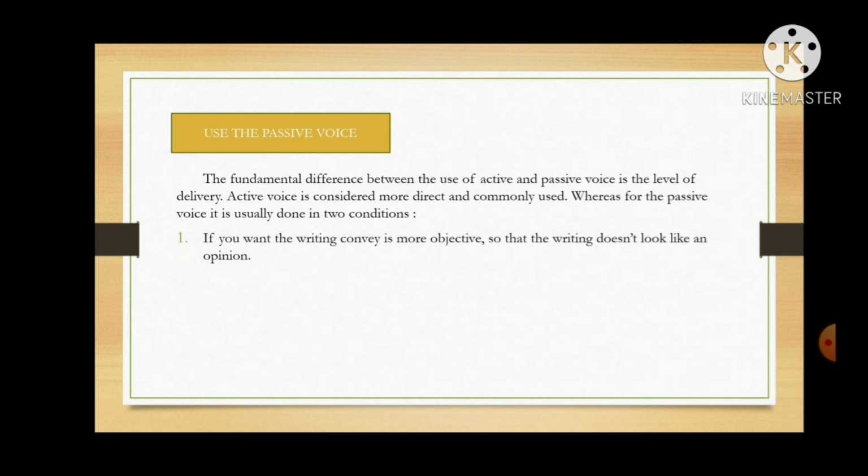If you want the writing to convey more objectivity, so that the writing doesn't look like an opinion. 2. When writing that wants to focus more on the recipient.